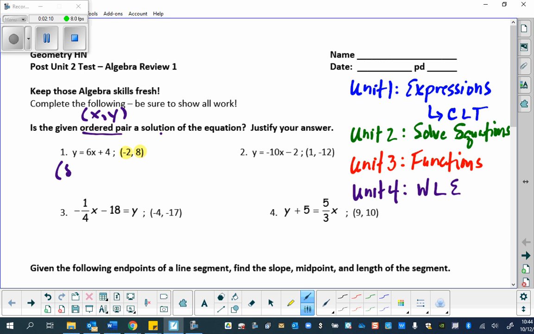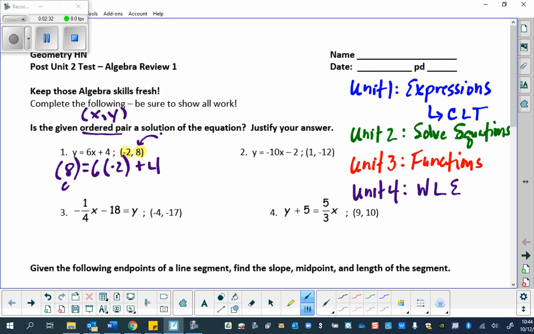So instead of writing y, I'm going to put what y is equal to. Instead of writing x, I'm going to put what x is equal to. And then I use my Unit 1 simplifying expression skills to see if I end up with a true sentence.